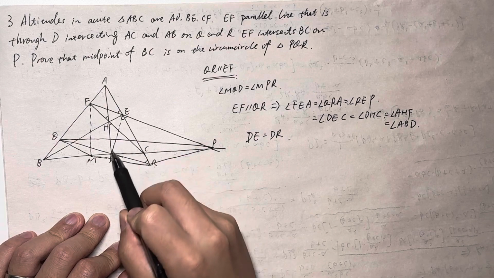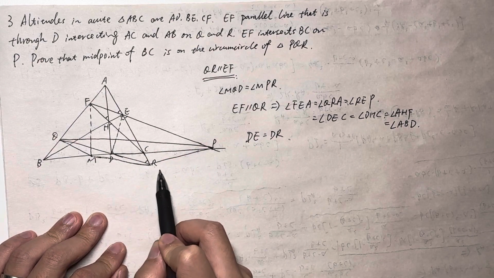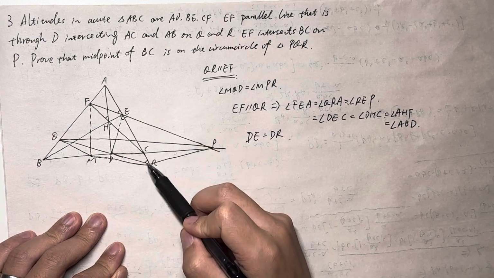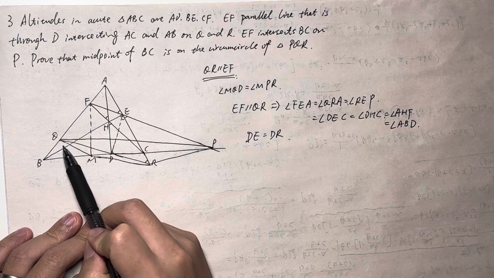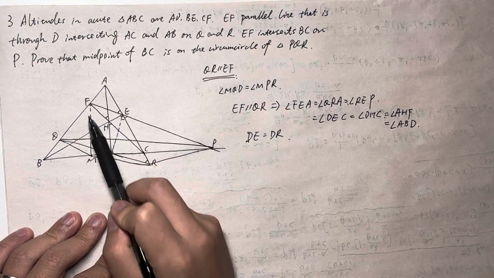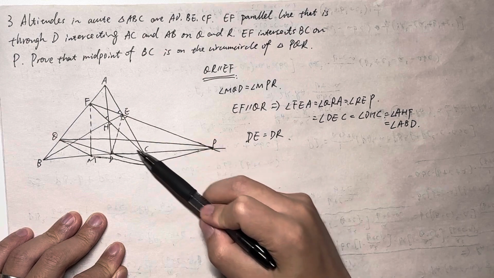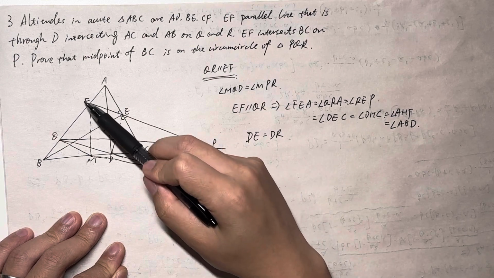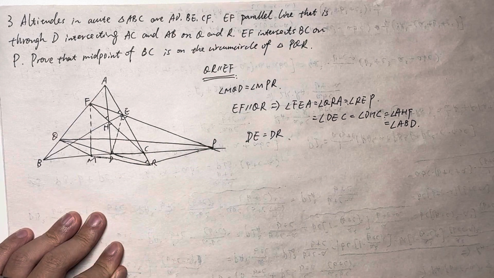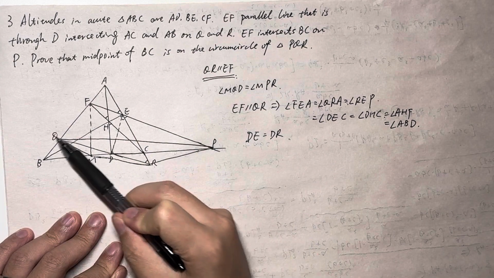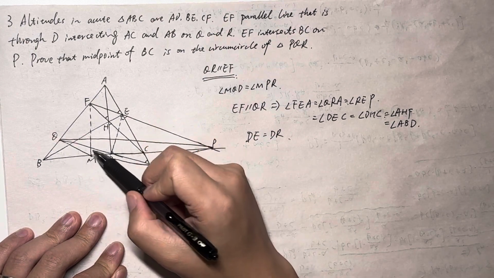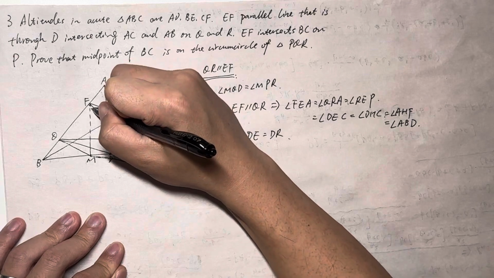That's how we get DE. And point R is on the parallel line intersecting AC. If we look at Q and F, F is also the foot of altitude CF on the edge AB, and Q is also on the parallel line intersecting AB. So what about DF and QD? Let's make the connection here.